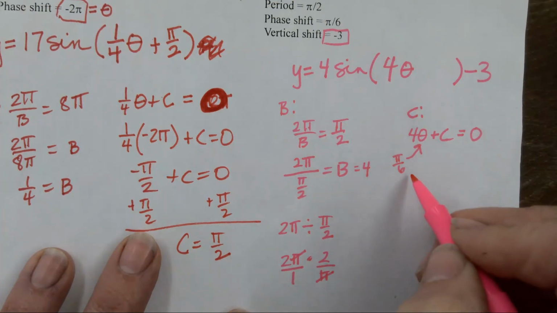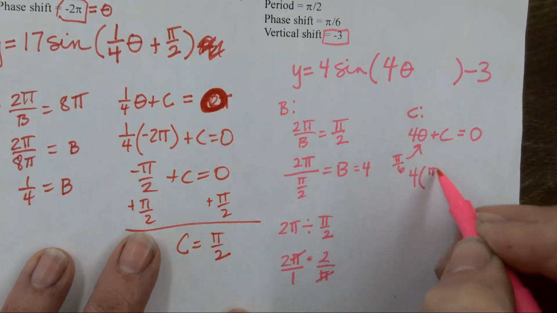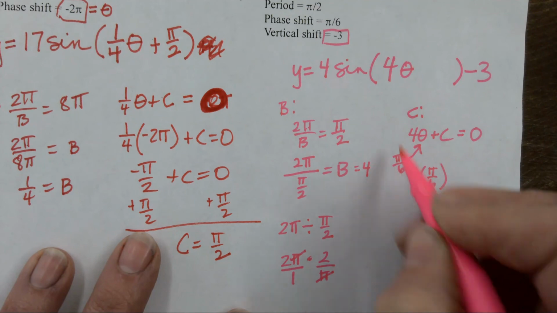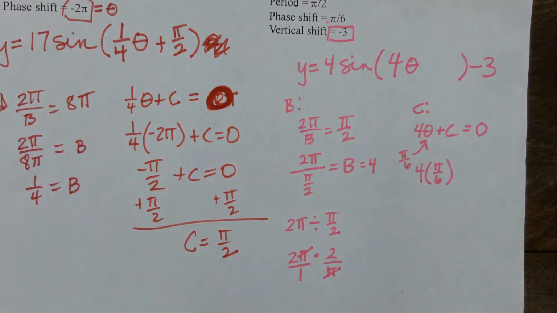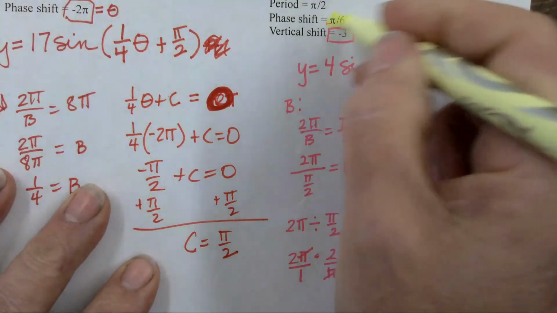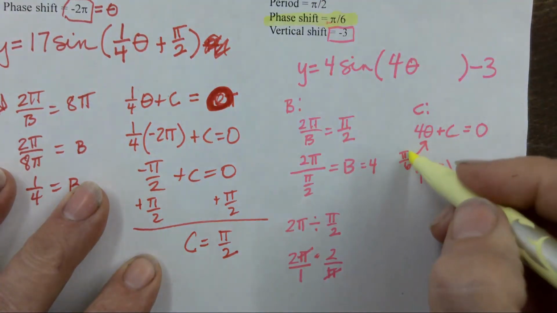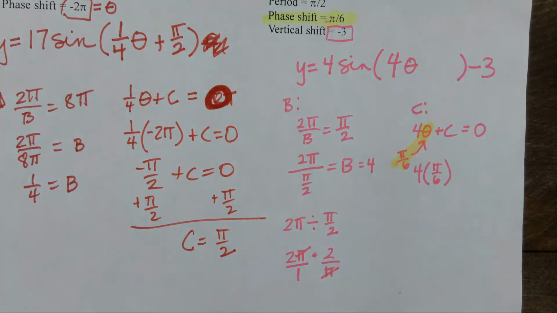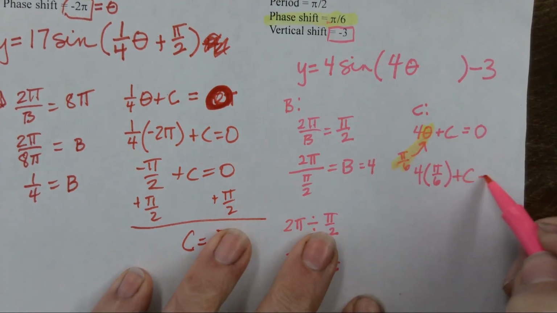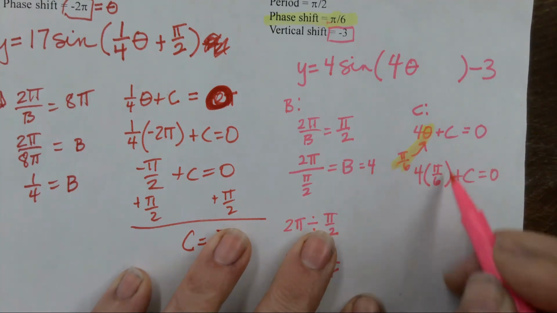So I do 4 times pi over 6. Remember, this is the phase shift. That's that phase shift that was given. Pi over 6 was the phase shift. That's where this pi over 6 comes from. Plus C equals 0. Multiply this together.